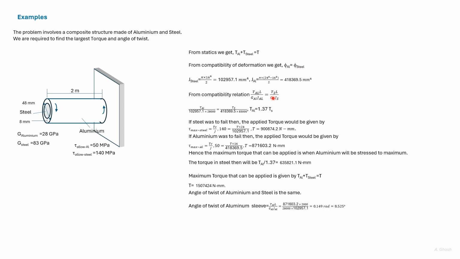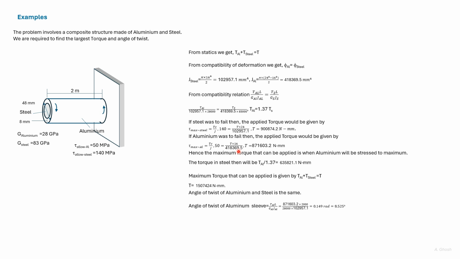Now from this equation we see that the torque in aluminum would be 1.37 times the torque in steel. So if we consider this torque, which is the torque in steel, and we multiply it by 1.37, then we get a value which is quite higher than this value. So the component will fail.